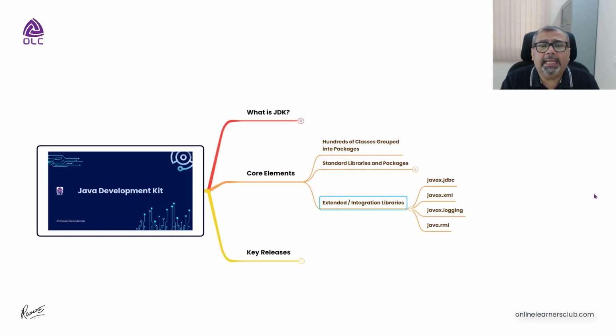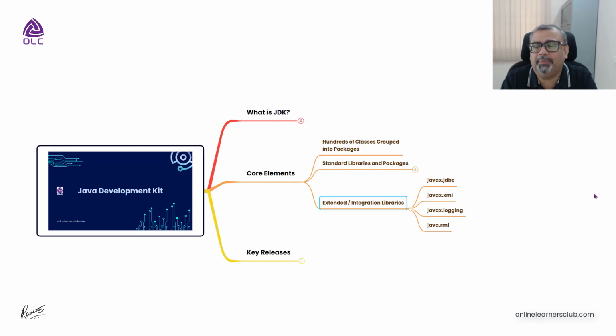We also have certain extended libraries which can be used for integration purposes. As I was mentioning, we have javax. Any package that begins with java dot something is primarily organized as libraries in terms of folders. A package essentially on an operating system is basically a directory or a folder. And javax is basically an extended package which has some additional functionalities.